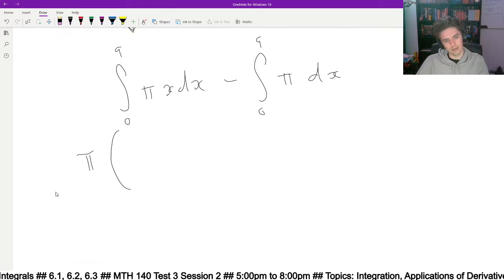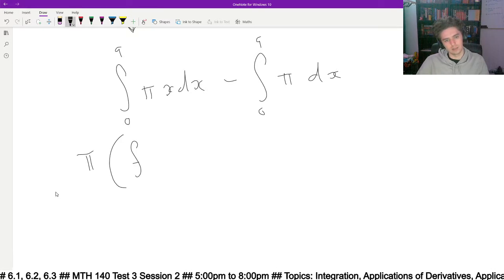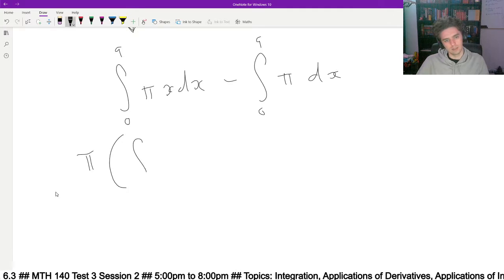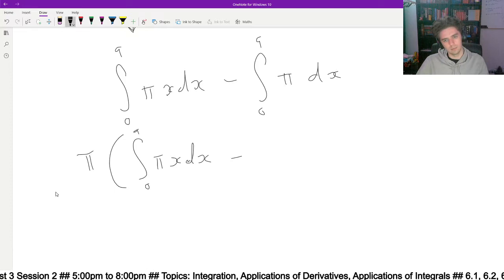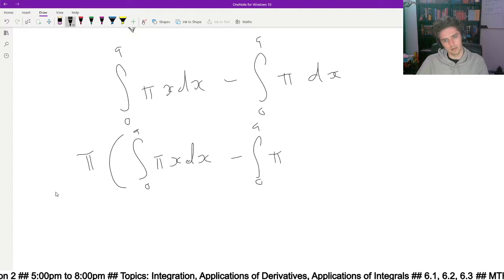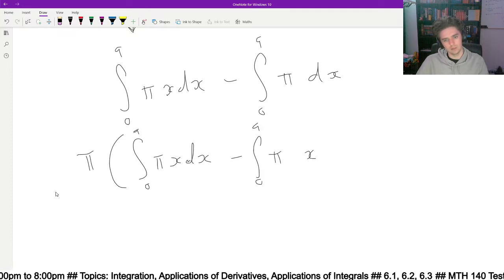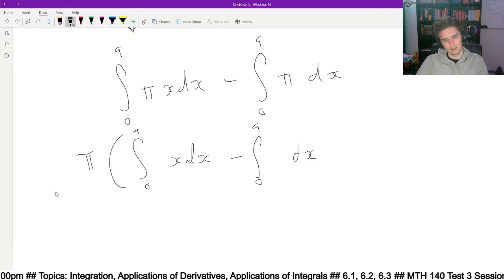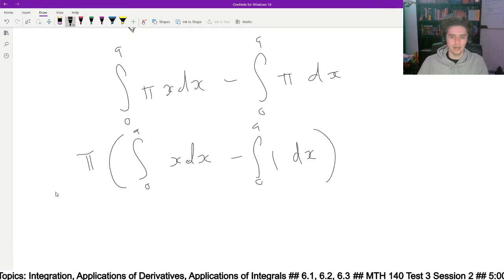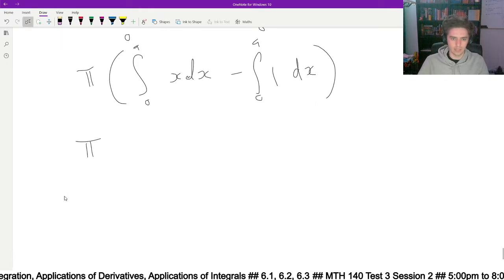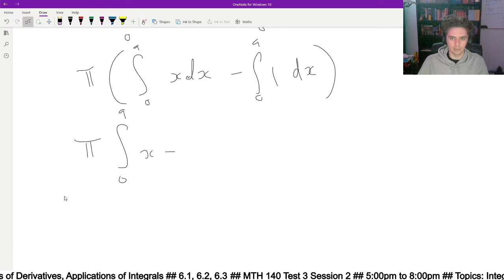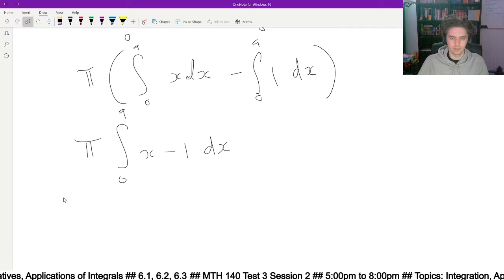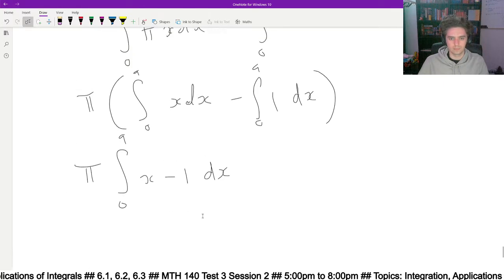So it's going to be pi times the integral from 0 to 9 of x dx minus the integral from 0 to 9 of 1 dx. And now we can also combine the integral signs. So it's just pi times the integral from 0 to 9 of x minus 1 dx.